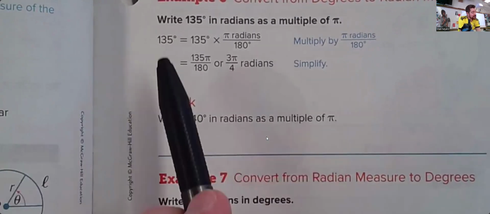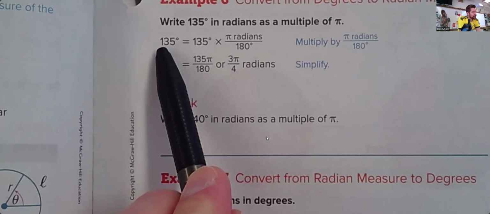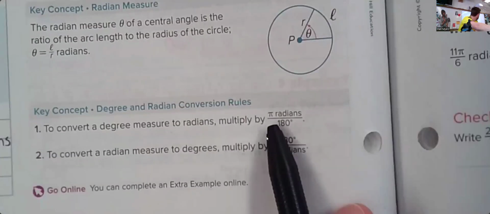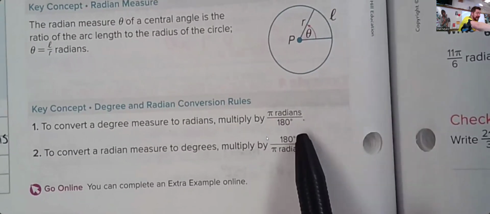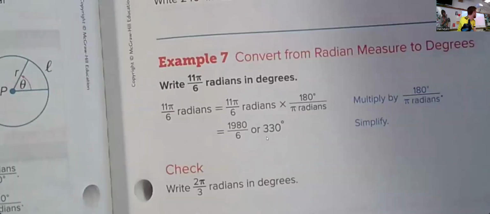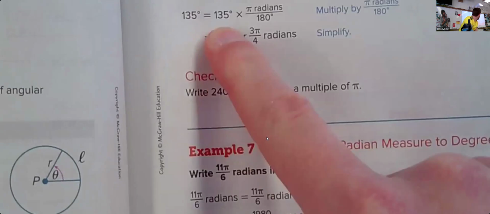So 135 degrees, we're going to use the conversion of degrees to radians, which is this one right down here. So you're going to multiply by pi over 180. So here it is. 135 times pi over 180.